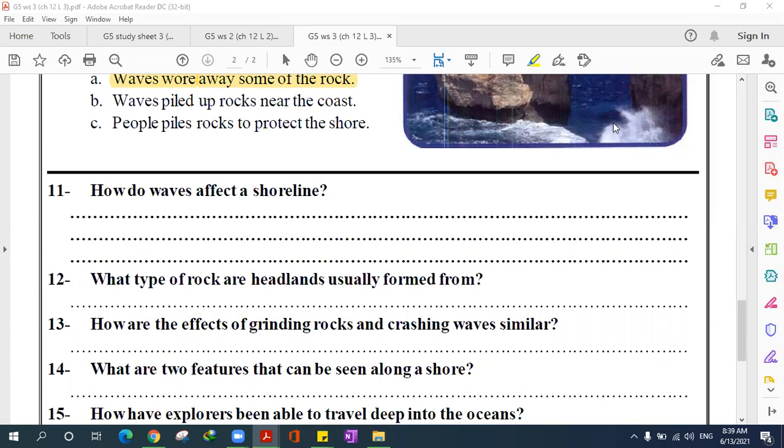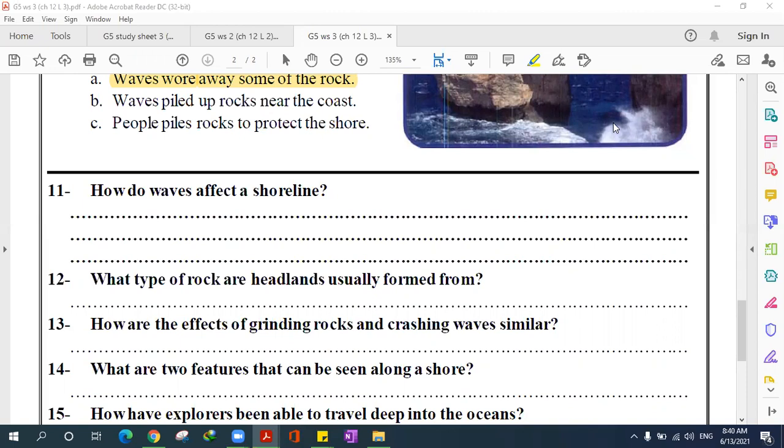So how are the effects of grinding rocks and crashing waves similar? How do you think they are similar? Both of them do what? When rocks hit each other and when waves crash on the shoreline, both of them do what to the shoreline?